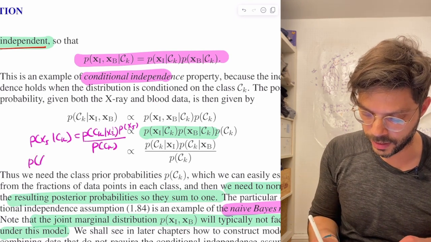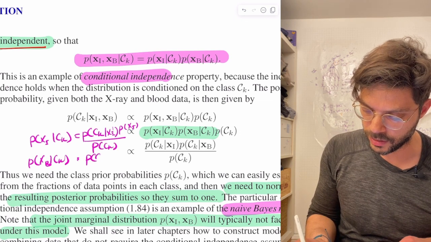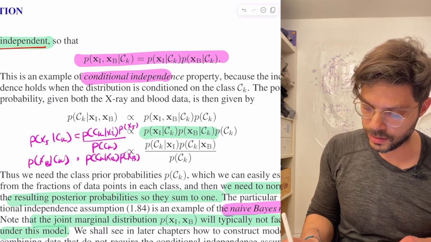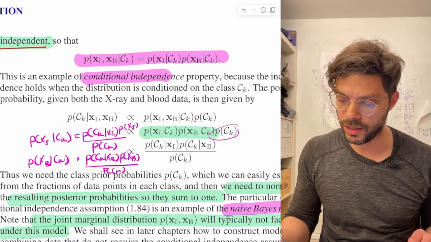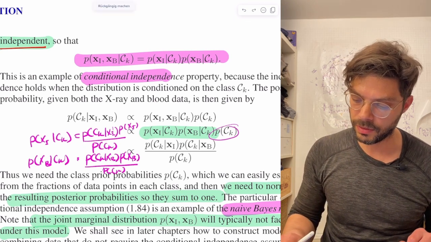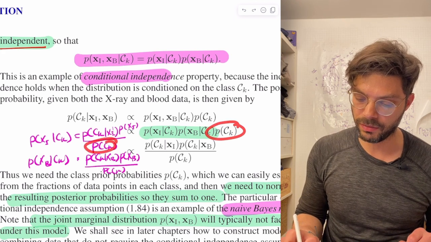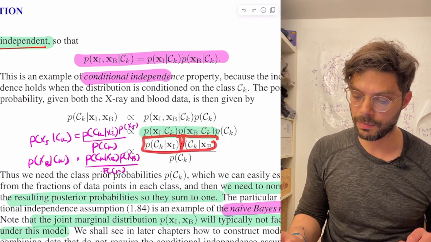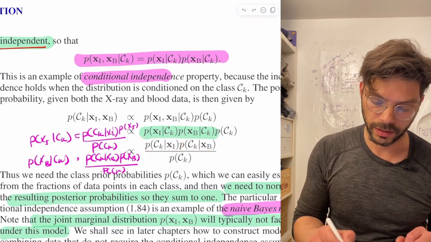P of x_b given c_k is just P of c_k given x_b times P of x_b divided by P of c_k. So now you see that we've got this one c_k up here, and we end up dividing it by two c_k. So now we end up getting two posterior probabilities on top and one prior probability on the bottom. So that's where that expression comes from.